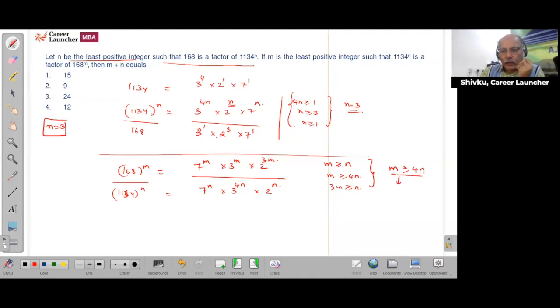Or the least value of m will be equal to 4n. So m is equal to 4n is the least value. From the previous value, we know that n is equal to 3. So the least value of m would be equal to 12. So we can say that the value of m plus n adds up and gives you 15.